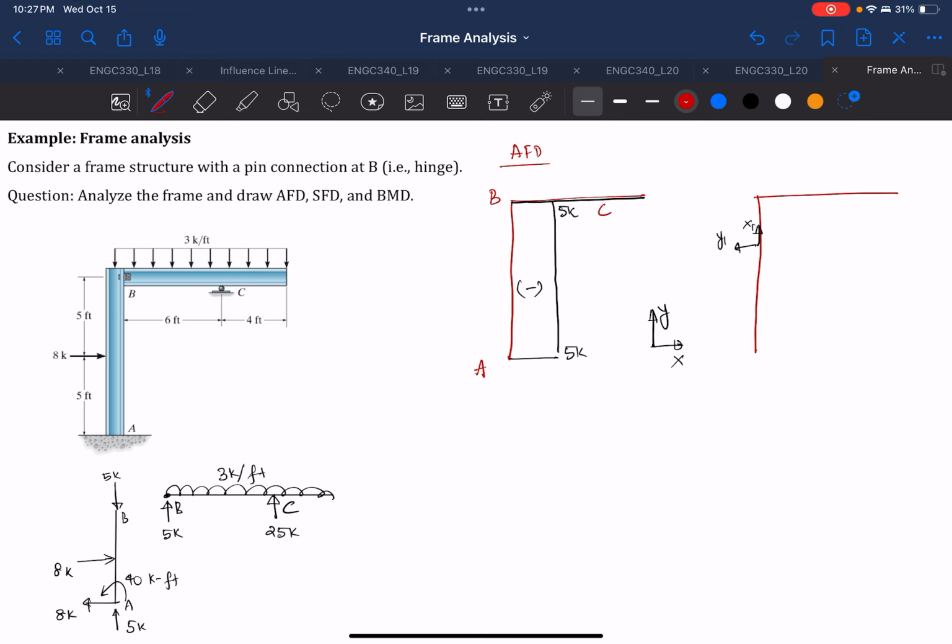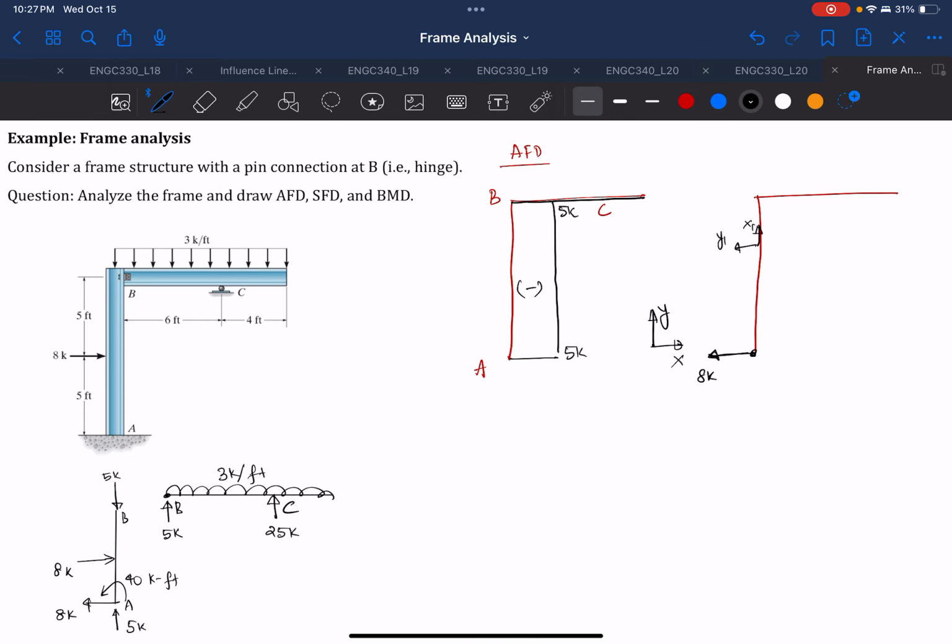And so the 8K that we have here will produce a positive shear. Positive shear, that means also for convenience, we follow exactly where the force is directing. So it's directing to the left. So we'll also start from 0 and direct it to the left, 8K.